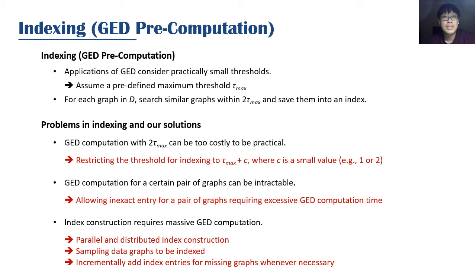We also tried sampling data graphs to be indexed, and observed that careful sampling can significantly reduce the indexing time while retaining good performance of query processing. Incremental indexing can be used with the sampling approach, so that index entries for missing graphs are added whenever necessary.